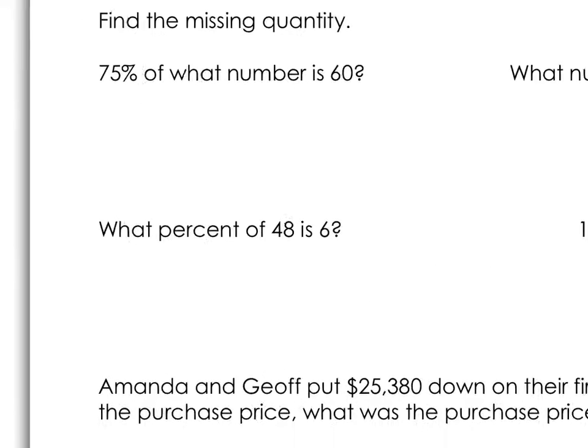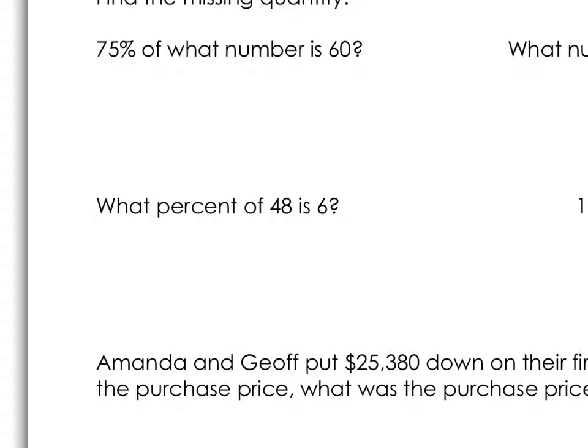75% of what number is 60? So 75 over 100 of what number? The what number, the of number, is the number we don't know. So we'll put an x in the denominator. 60 is our is number. 60 is 75% of what number?